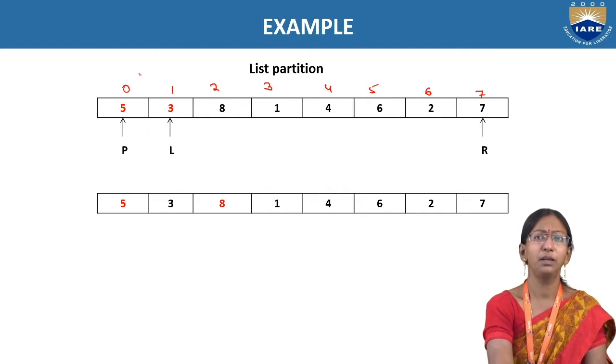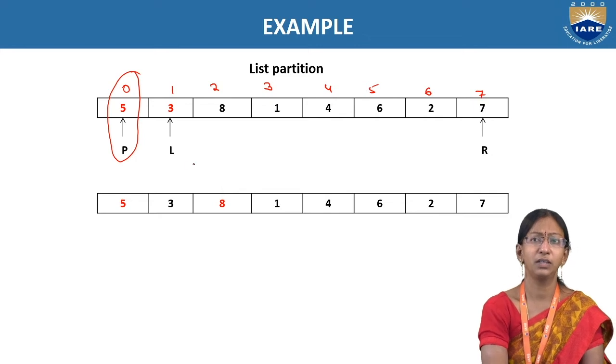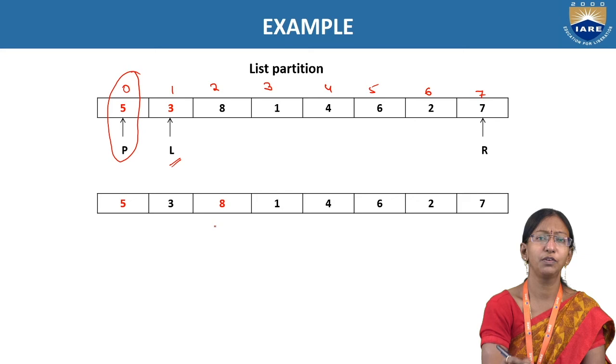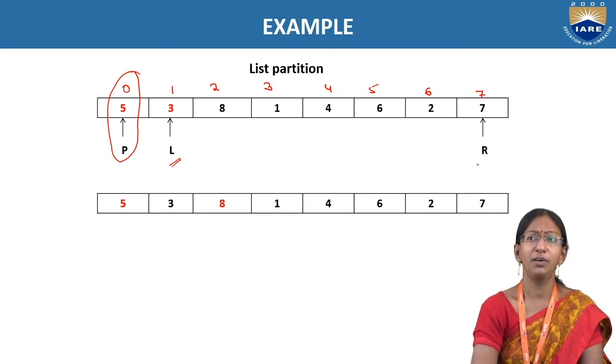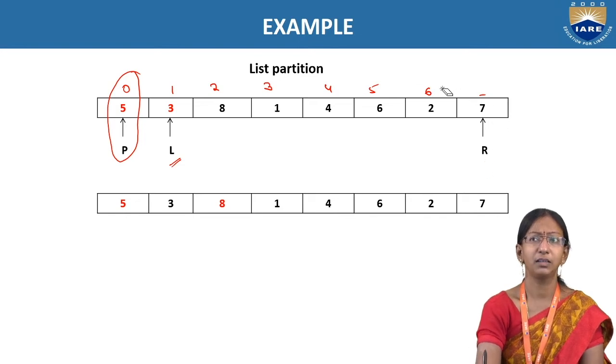As the pivot element is going to hold the element at the 0th index, my left is going to hold one greater than that, which is the index value 1, and right is going to hold the last index, right? I hope you understood my assignments.